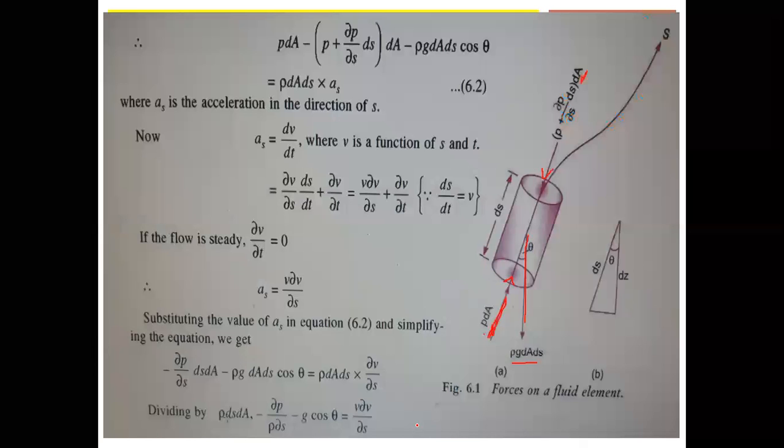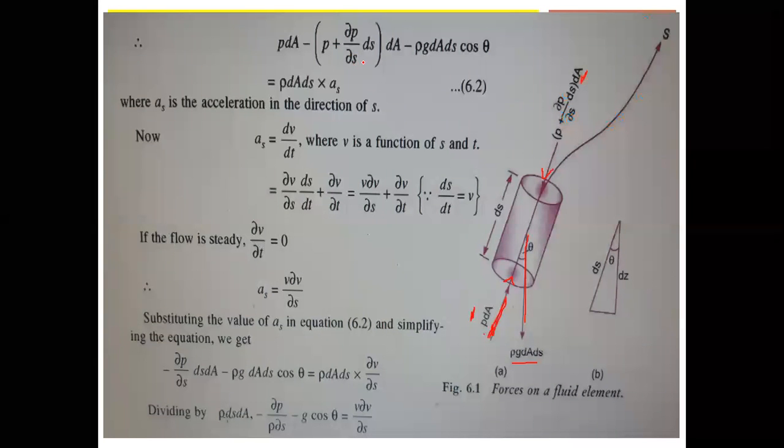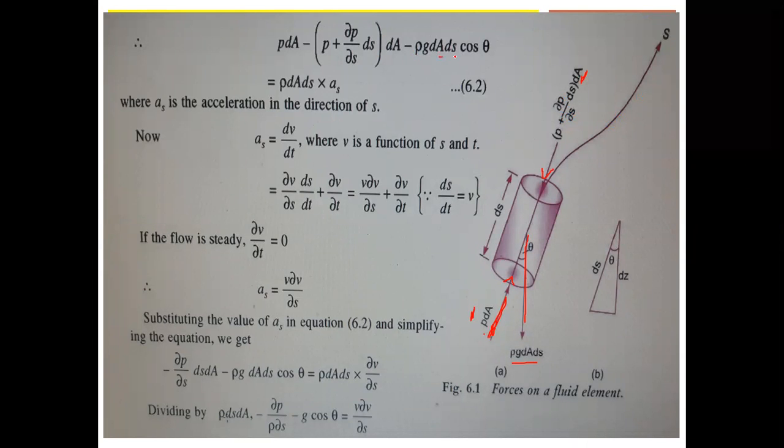Therefore, according to this mass into acceleration concept, P dA in one direction, minus P plus dou P by dou S into dou S times dA, minus the weight of the cylindrical part, rho g dA ds cos theta.